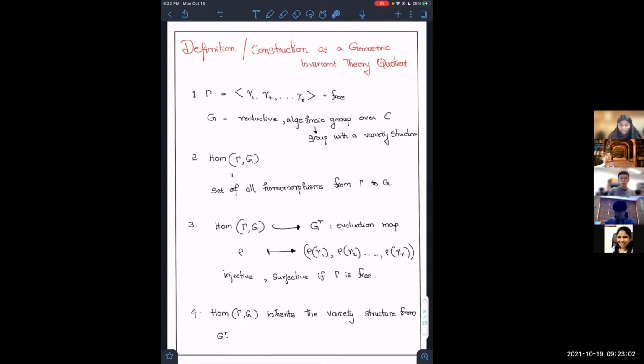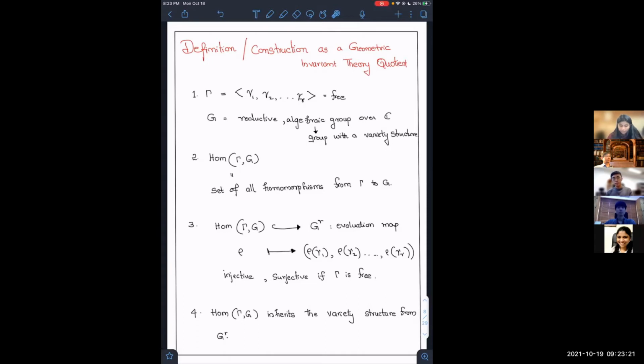If you take any homomorphism rho, we can map it to rho of gamma_1 and so on, and each of them is going to be an element in G. This gives an evaluation map, which is always injective, and it's surjective in this case because gamma is free of rank r.